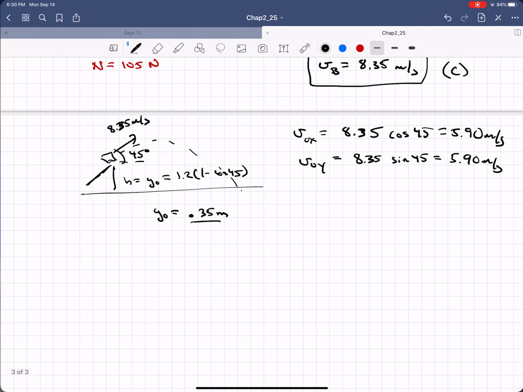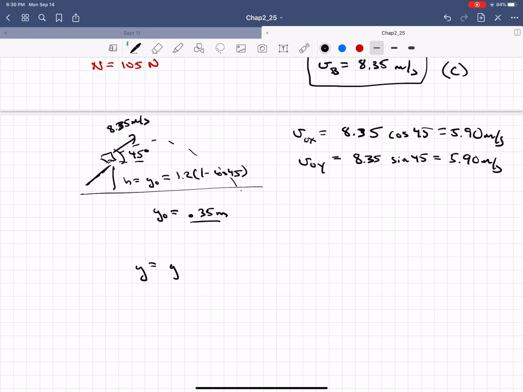And so if I use my y equation of motion, I can find the time. Maybe I will call up the positive y direction, and since down is now the negative y direction, the acceleration is going to have the value of negative 9.8 meters per second squared.